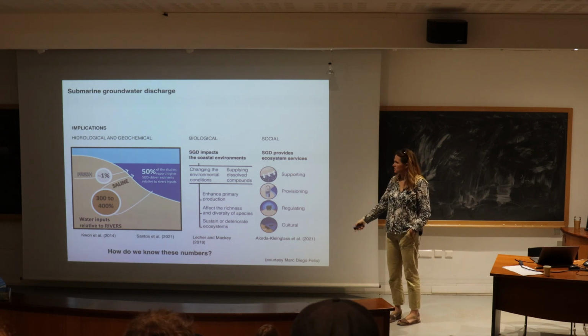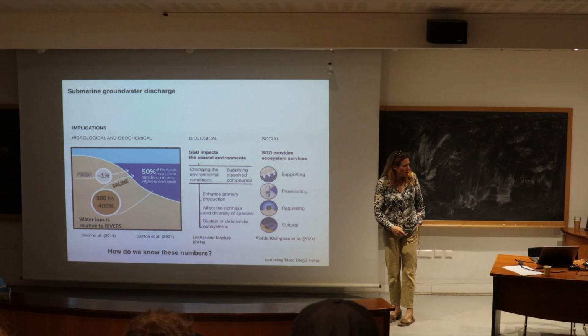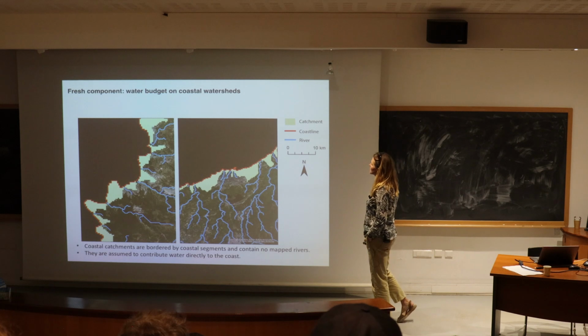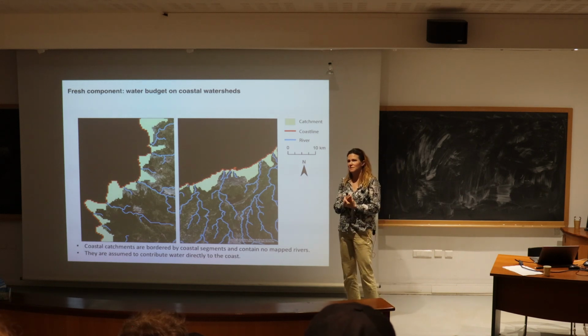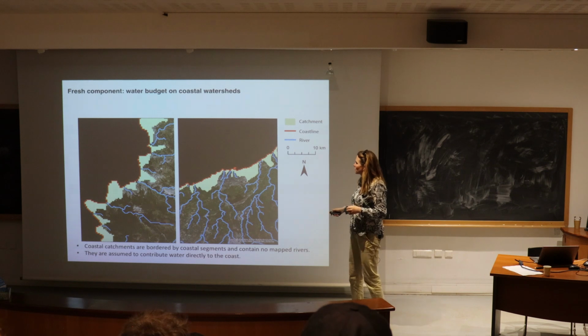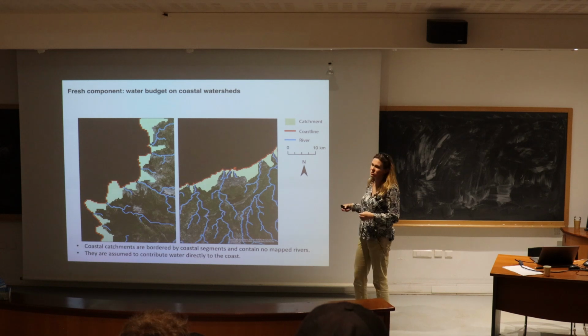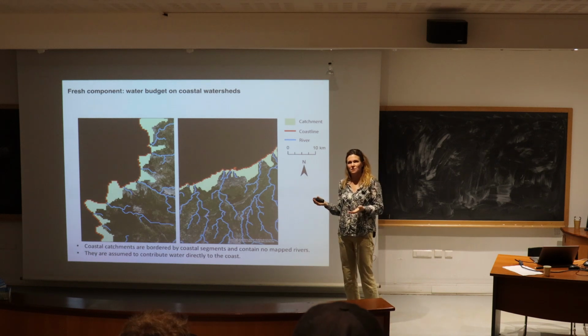How do we know these numbers though? So our group has worked a little bit on trying to get at the fresh flux over continental scales, and we used, if I might say so myself, a stupidly simple method where we basically just looked at all of the little catchments in the landscape that don't drain to a river.